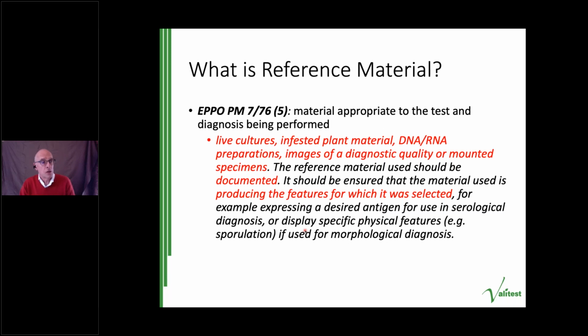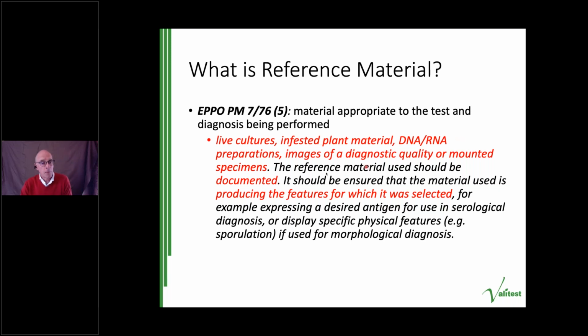EPPO also has a definition of reference material, which is slightly different from the ISO one, but not that much different. Again, it is material that is appropriate to the test and the diagnosis being performed. EPPO expands a little on that definition by giving clearer and more detailed examples: it can be live cultures of a particular pathogen, infested plant material, DNA, RNA.